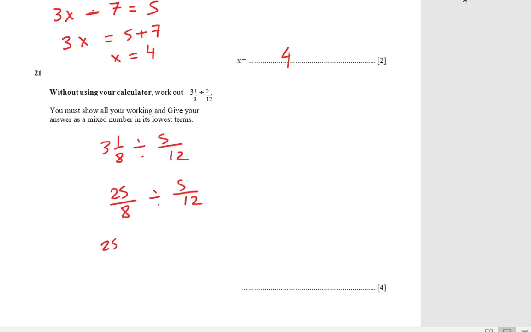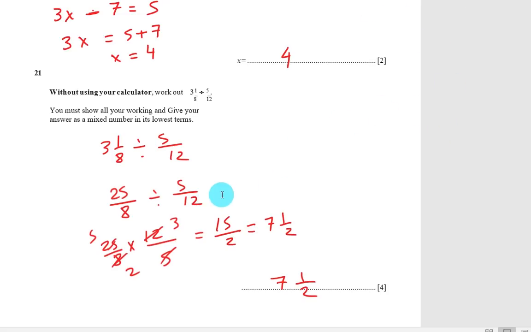So 25 divided by 8 times 12/5. 5 divided by 4 is 2, divided by 4 equals 3. So the answer will be 15 divided by 2, which is 7.5. So the answer here is 7.5. Okay.